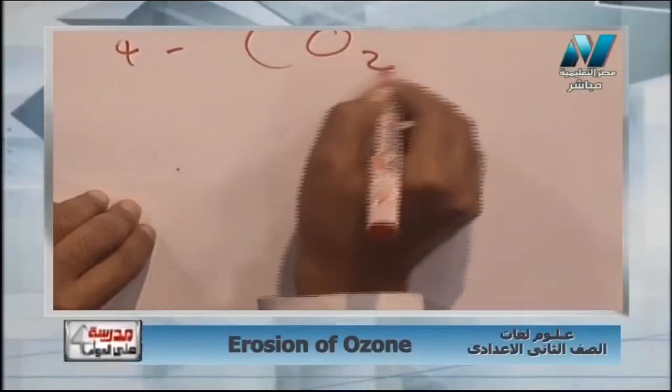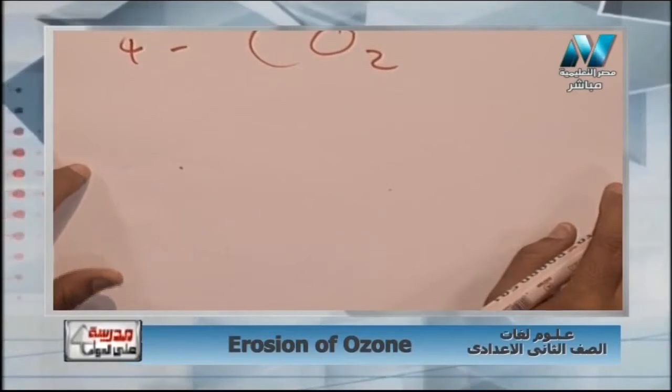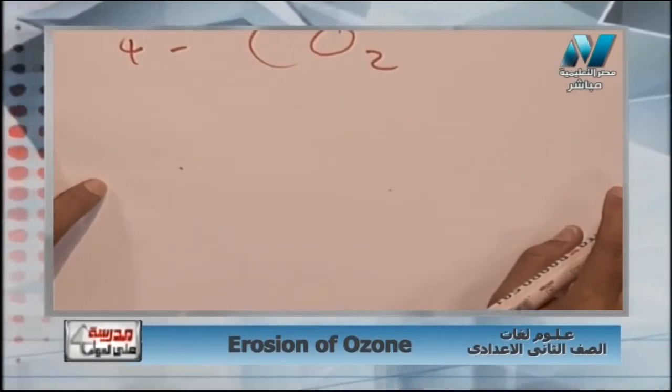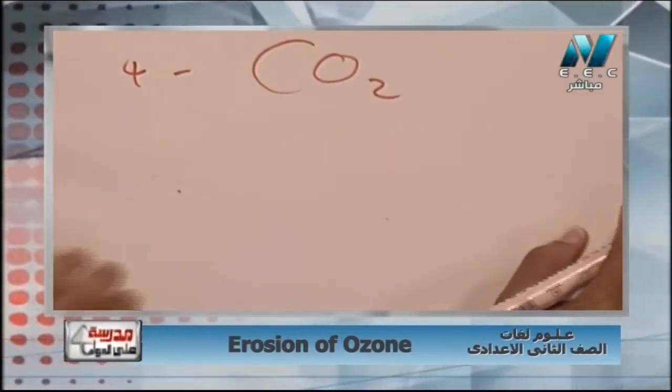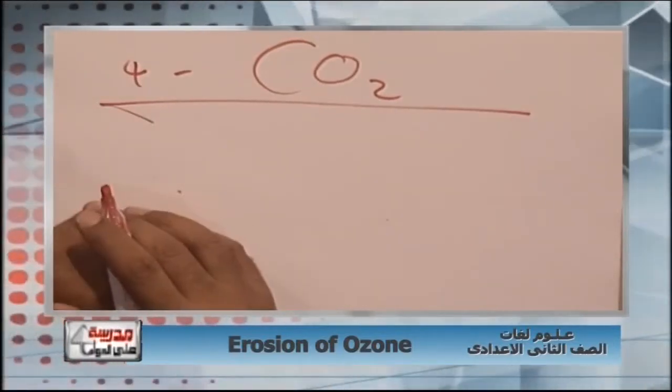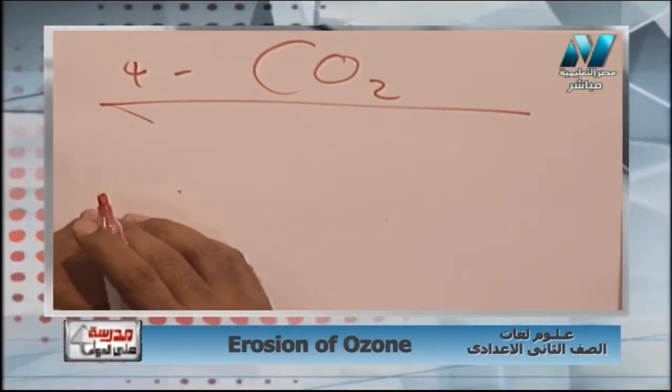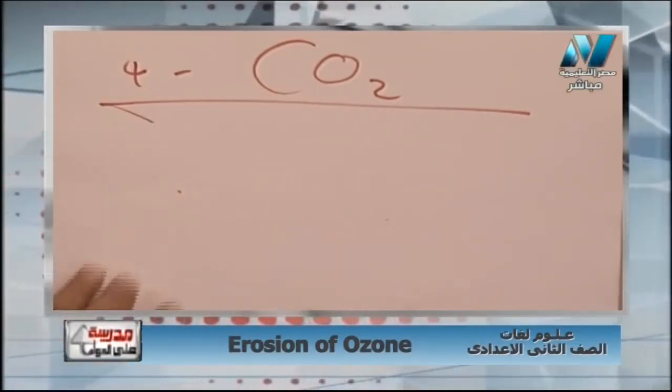Carbon dioxide gas is very harmful for what? For the ozone layer. So, if we need to keep the ozone layer, we must reduce using freon, chlorofluorocarbon, and carbon dioxide gas.